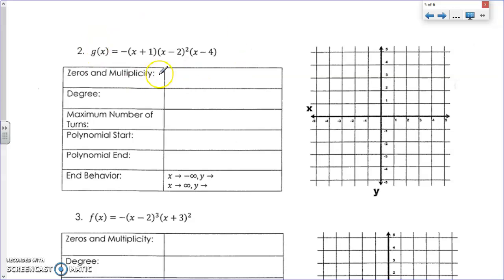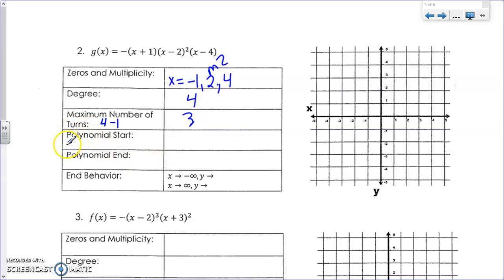Okay, so here the zeros and the multiplicity, so x equals negative 1, 2, and 4. This 2 means that this 2 is going to have a multiplicity of 2. Okay, so that's 1, 2, 3, 4 zeros, so minimum degree of 4. 4 minus 1 is 3.